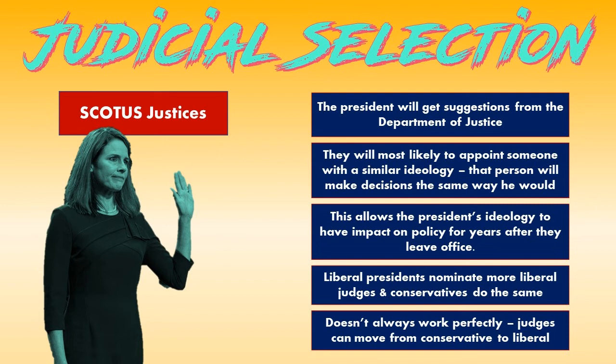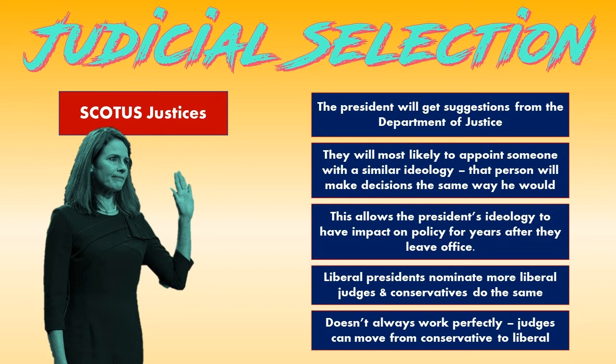A judge with a similar ideology to the president is a way that the president can make sure that their legacy or their policy impact is in the government for years after they leave office. So they will mostly focus on the justice's ideology. So a liberal president is going to nominate liberal judges, and conservative presidents are going to nominate conservative judges.